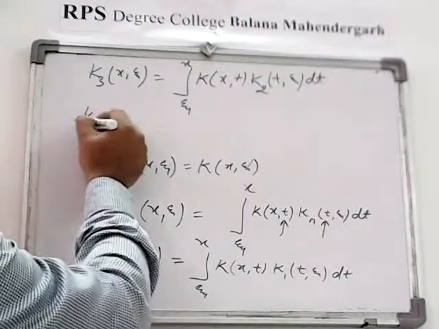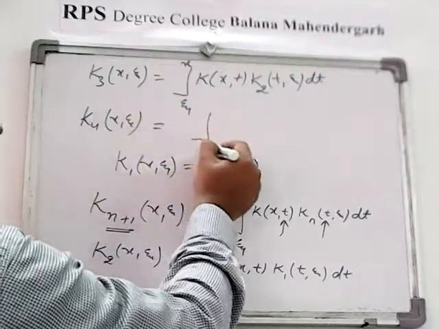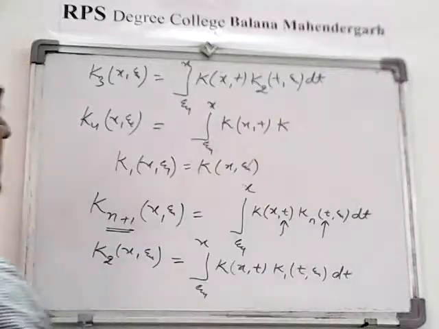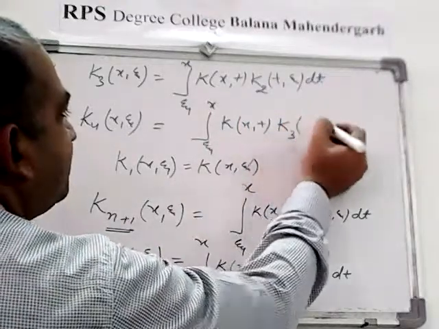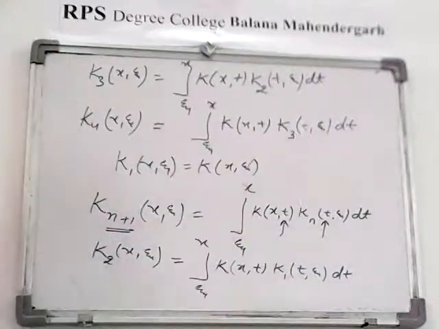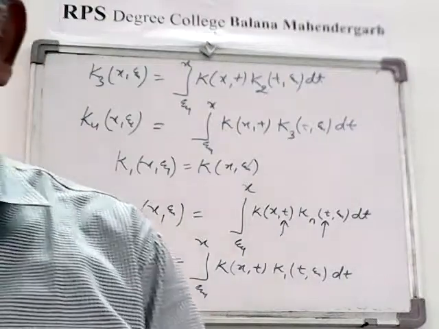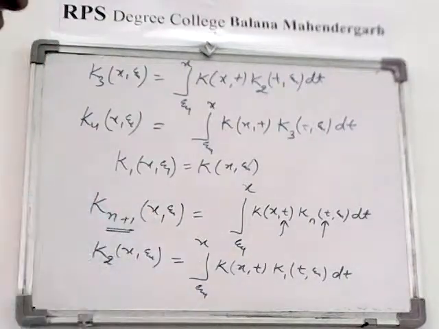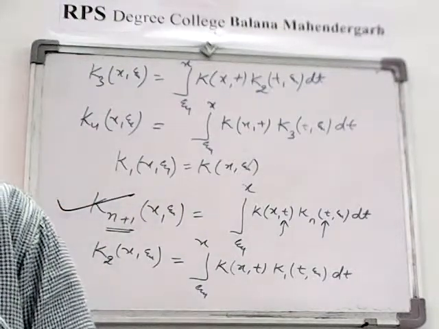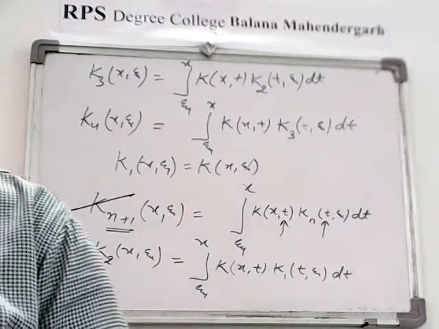In a similar manner, K4 will be equal to integration from ξ to x, K(x, t), then K3(t, ξ) dt. So we can find out in general any iterated kernel by applying this general formula.